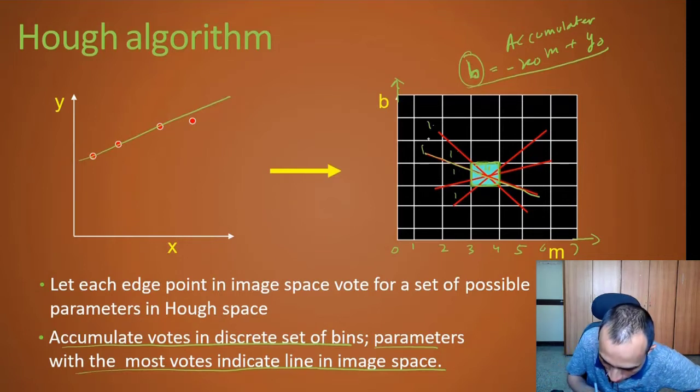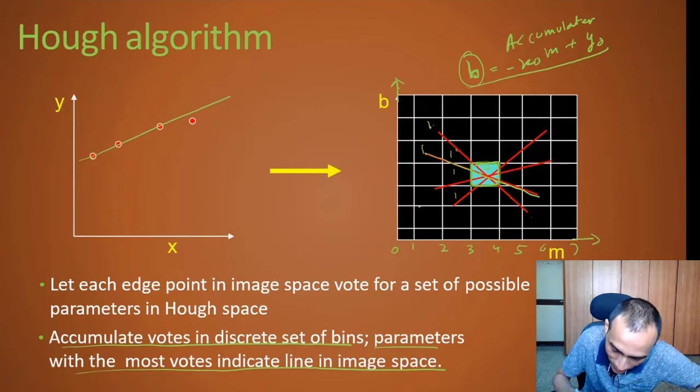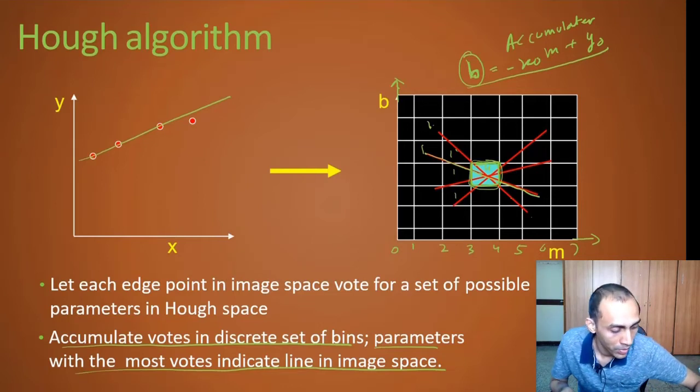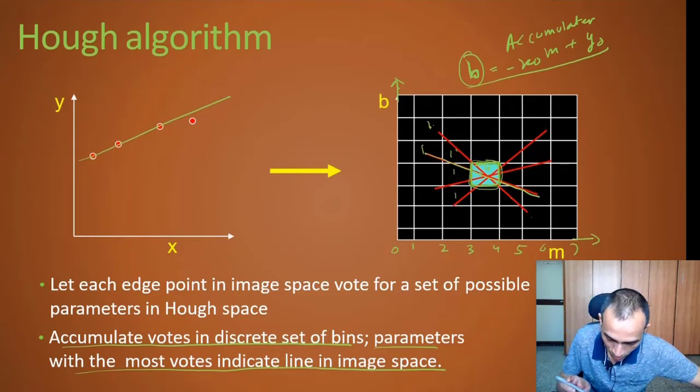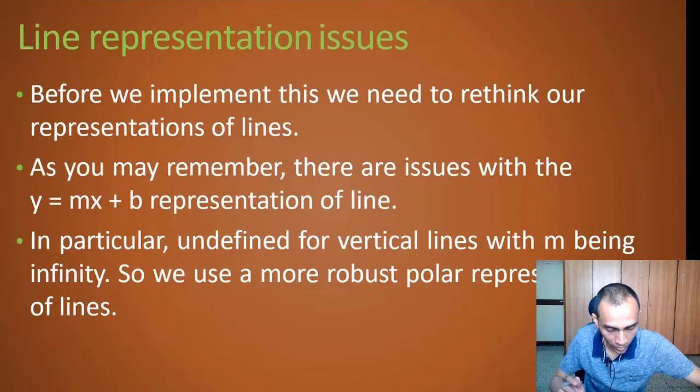That way we know which bins this line is passing through, and we increment the count there by 1. Similarly, for another line, another set of bins will get votes cast, and we keep accumulating all those votes. At the end, we look into those bins which get the maximum votes. I think that would have made it more clear, but we are going to come to the algorithm, so that will make it clearer.